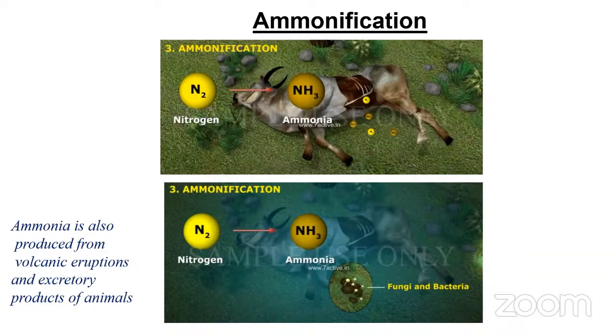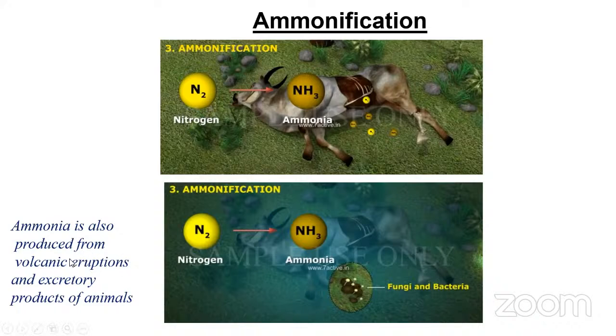Sometimes when some animal dies or when vegetables or fruits are left in the field, they are acted upon by saprophytic bacteria and fungi, and they are decomposed, and then ammonia is formed from them.